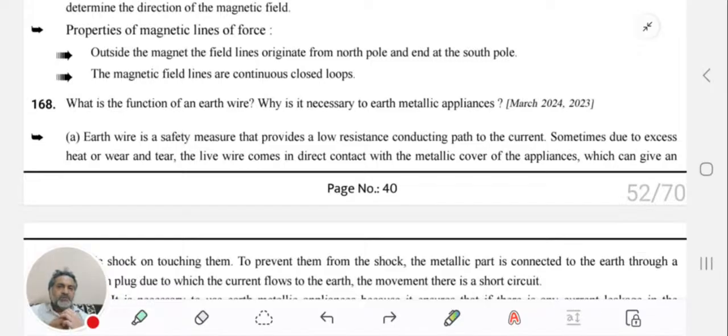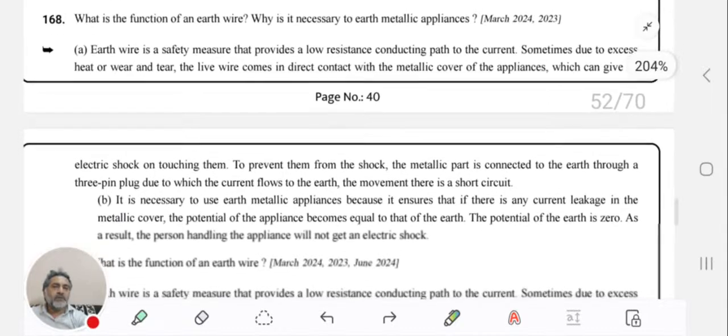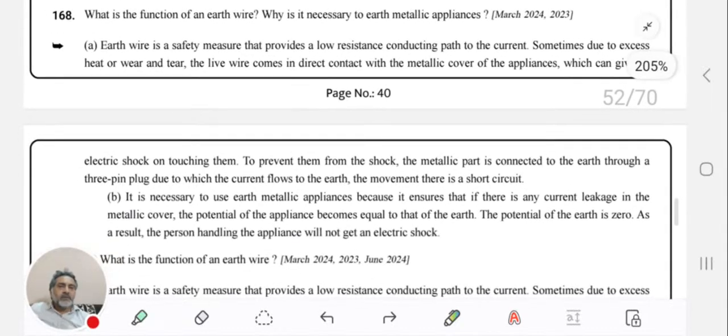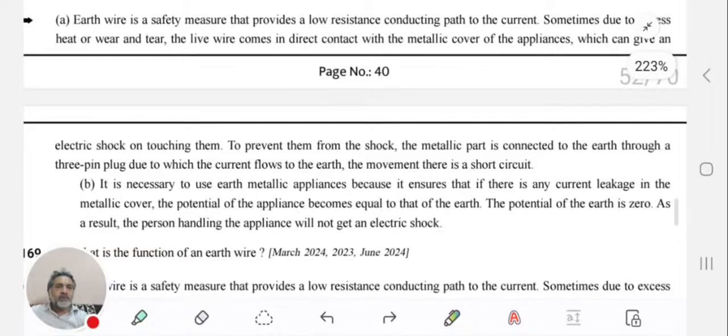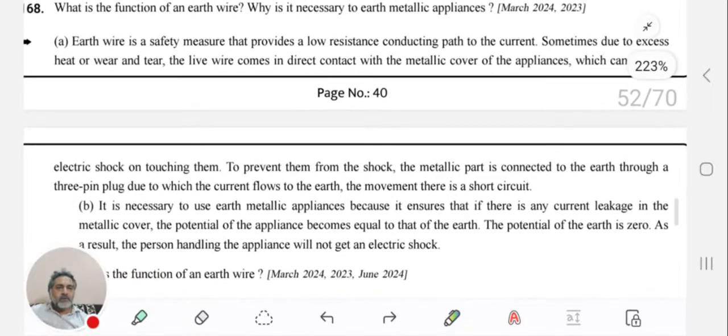Question number 168. What is the function of an earth wire? Why is it necessary to earth metallic appliances? An earth wire is a safety measure that provides a low resistance conducting path to the current.